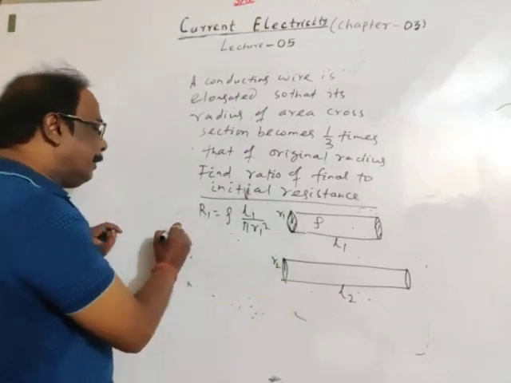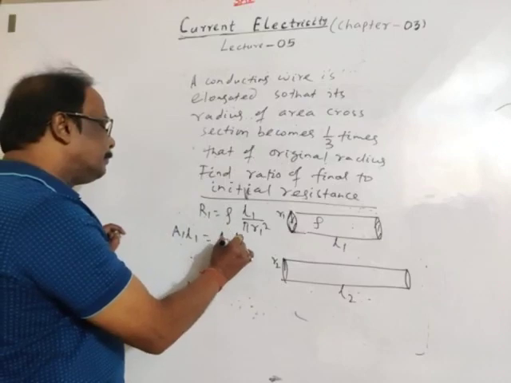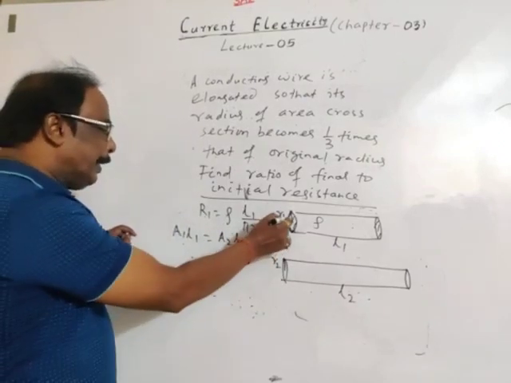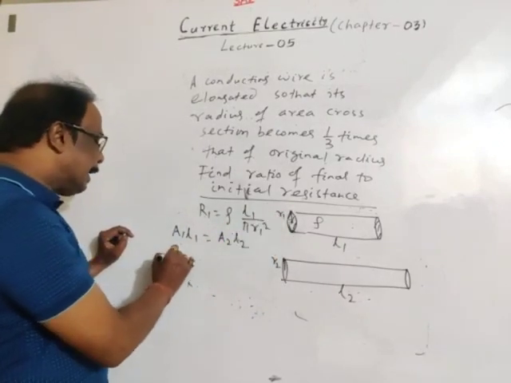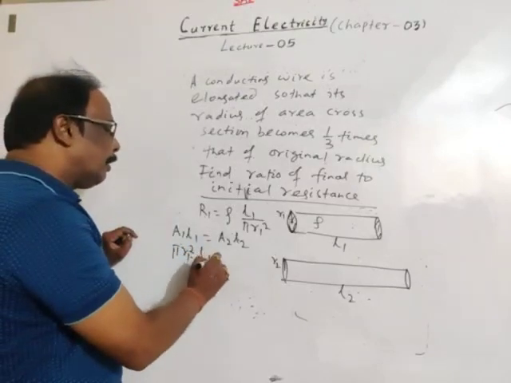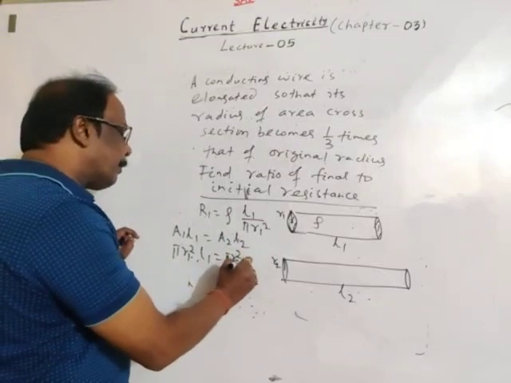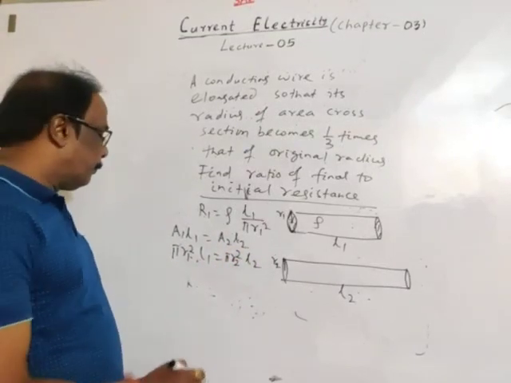So initial volume A1 L1, final volume A2 L2. Initial area of cross section is pi R1 square, initial length is L1, final area of cross section is pi R2 square, and final length is L2.